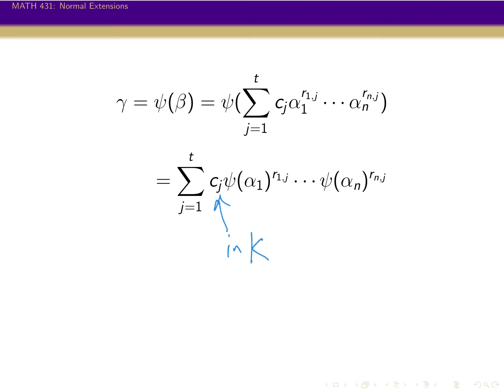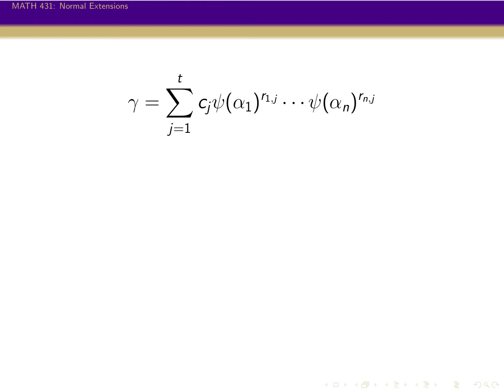And so then we're really just looking at psi applied to alpha 1 through alpha n. So gamma is equal to the sum of c_j times psi of alpha 1 to some power times psi of alpha n to some power.